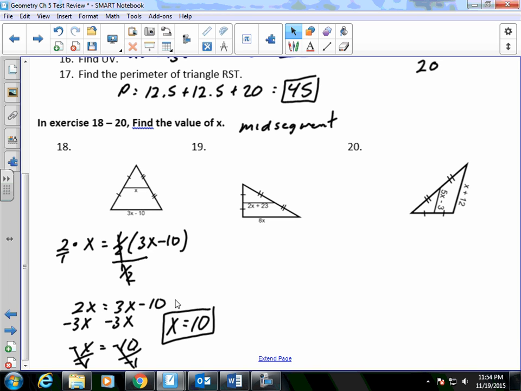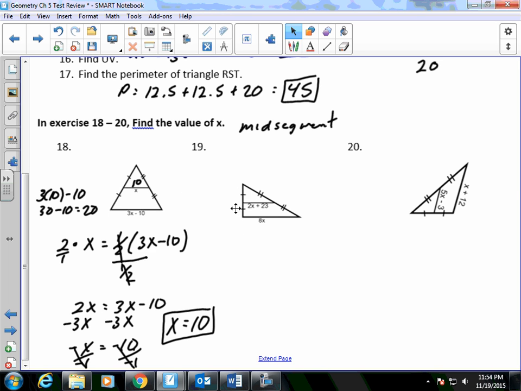And we quickly check: the segment is x, which is 10, so that means that 3 times 10 minus 10 is the length of this side right here, or 30 minus 10, which is 20. And so the side of the triangle should be twice the length of the midsegment, which 20 is twice the length of 10, so that works.